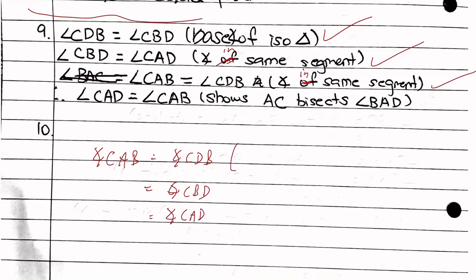Then CAB goes to CDB. This is because of the reason you gave, angles in same segment. Then CDB equals to CBD. What is this reason? CDB equals to CBD, base angles of isosceles.